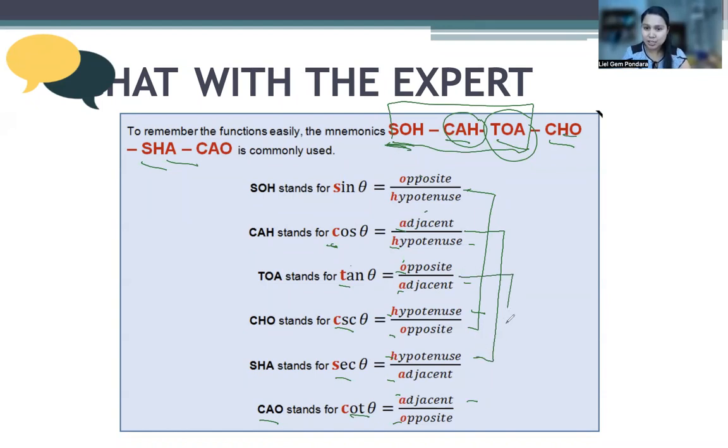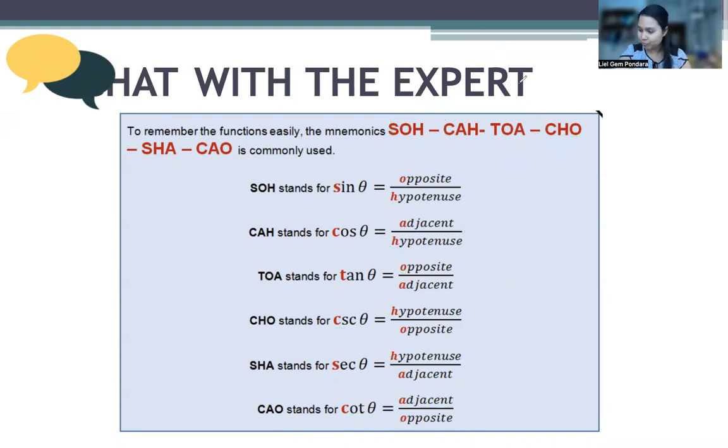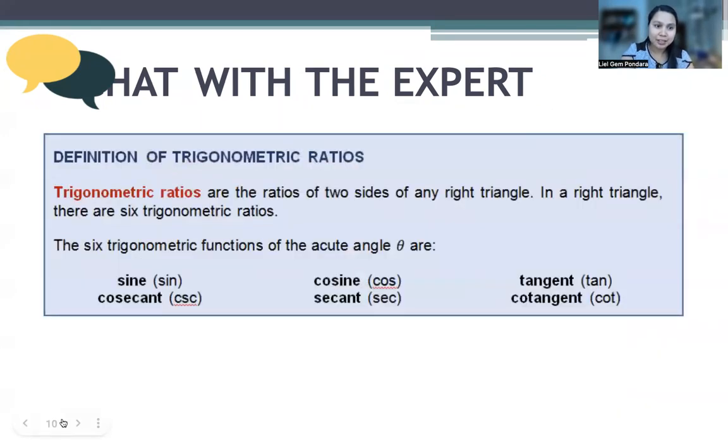And tangent is the inverse of cotangent. Sine and cosecant are inverses. Cosine and secant are inverses. Tangent and cotangent are also inverses.